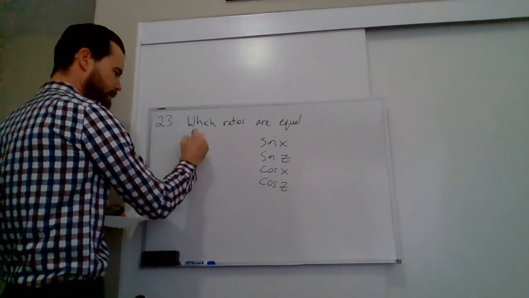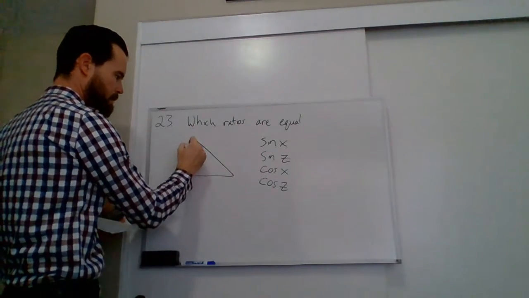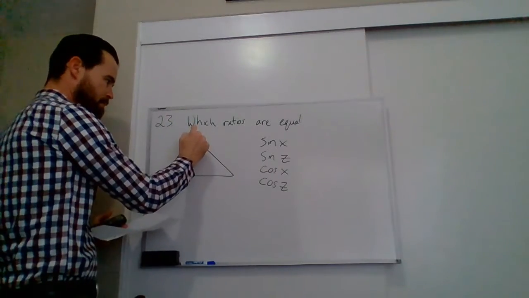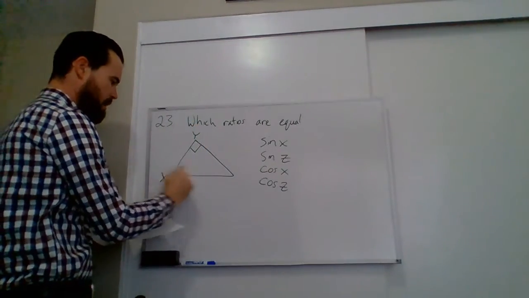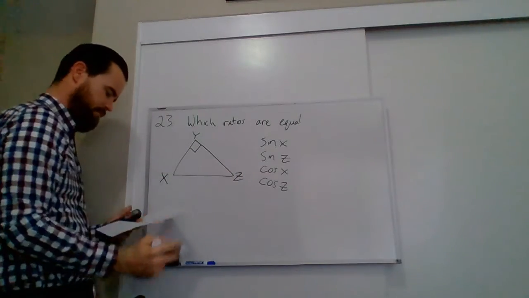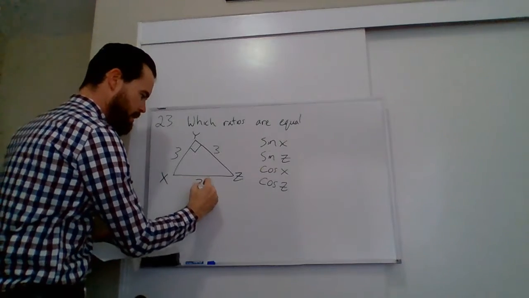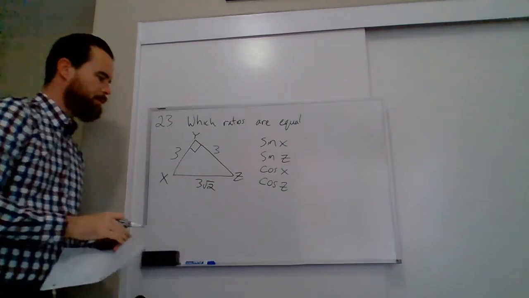And here's the triangle. Right angle up here at top. So y, x, and z. Side lengths of 3, 3, 3 root 2.